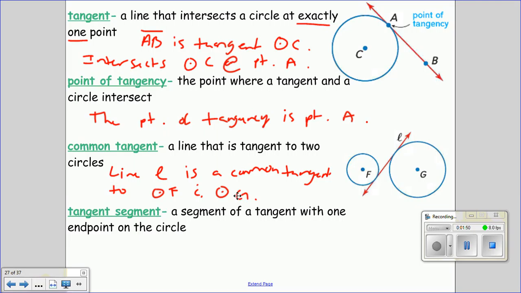A tangent segment is a segment of a tangent with one endpoint on the circle.